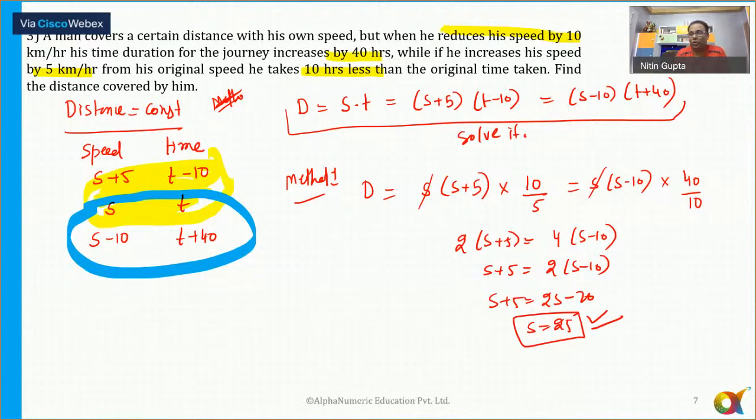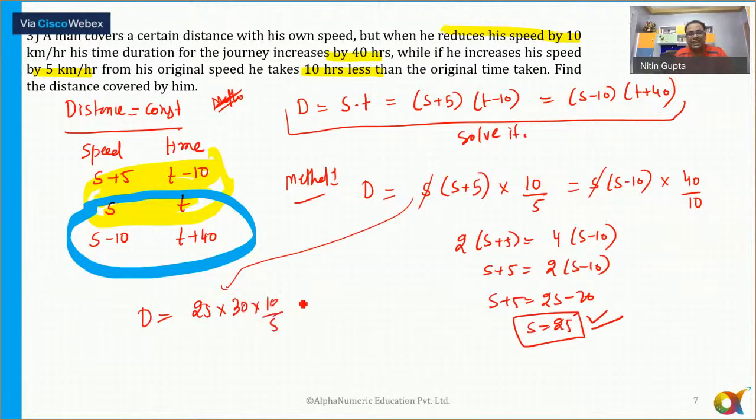If the speed is 25 kilometers per hour, what is the distance? Substituting in any value, we can get the distance. I can substitute in the first one: speed is 25, 25 plus 5, that is 30, into 10 by 5.